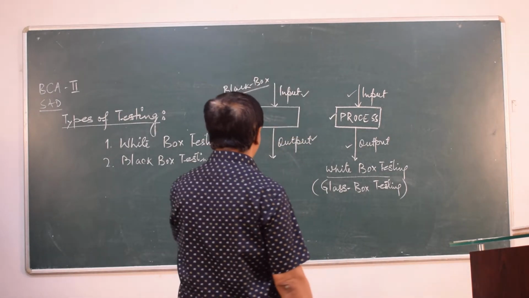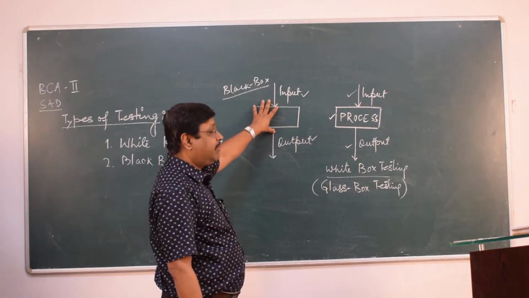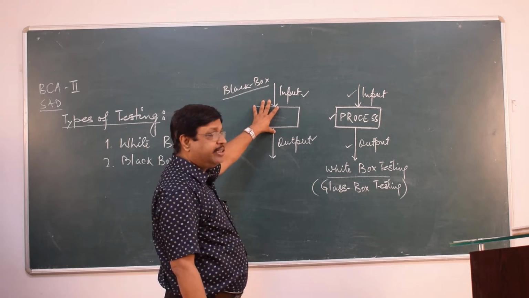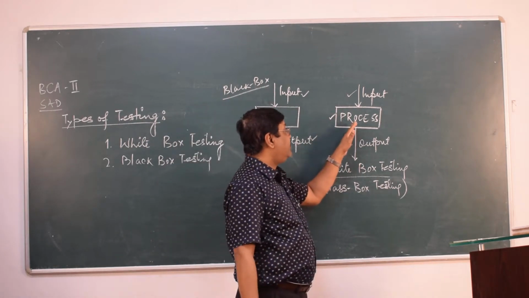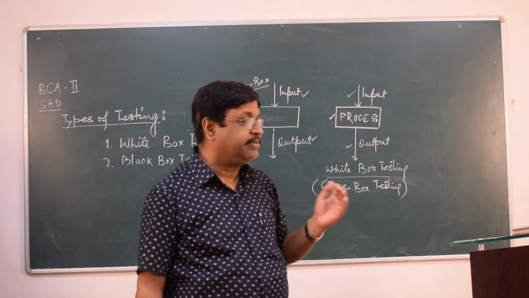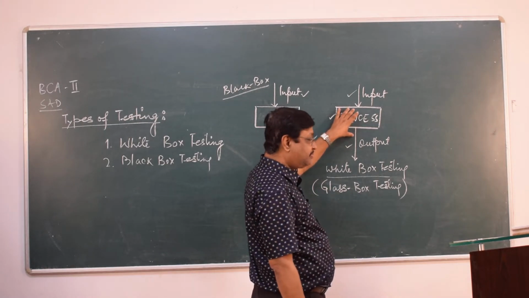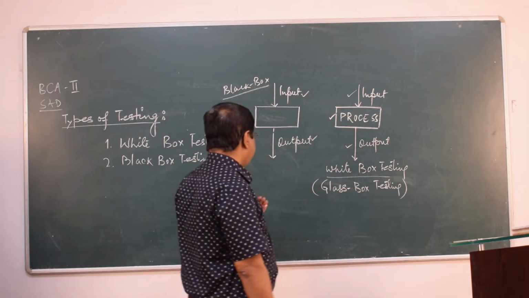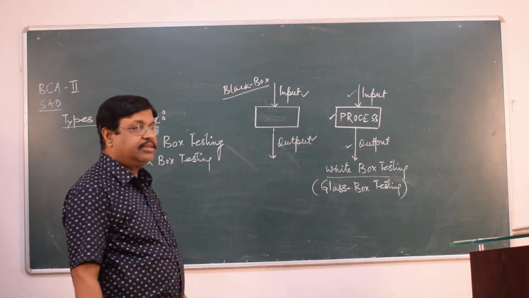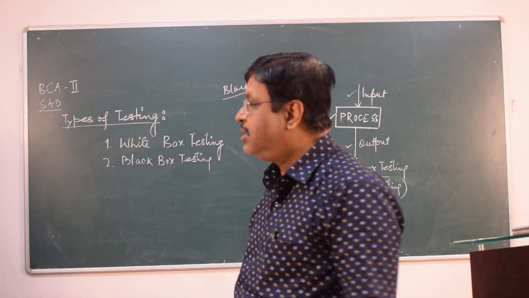So what is the basic difference in black box and white box testing? In black box test, we don't test the process, whereas in white box testing, we along with the input as well as output also test the processes. Now which one is performed first, whether white box or black box?